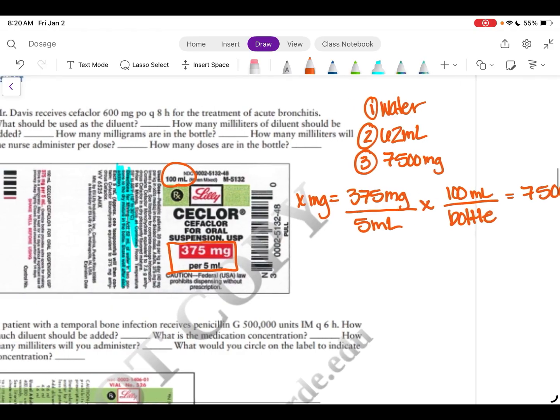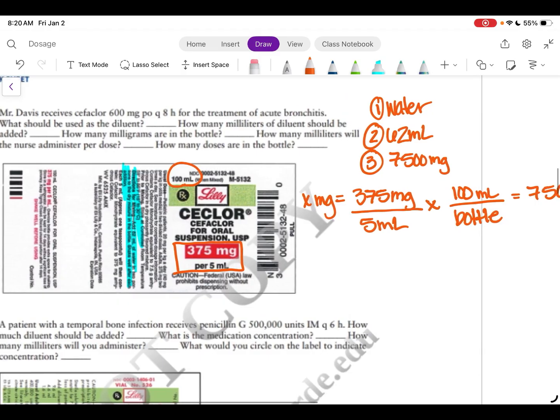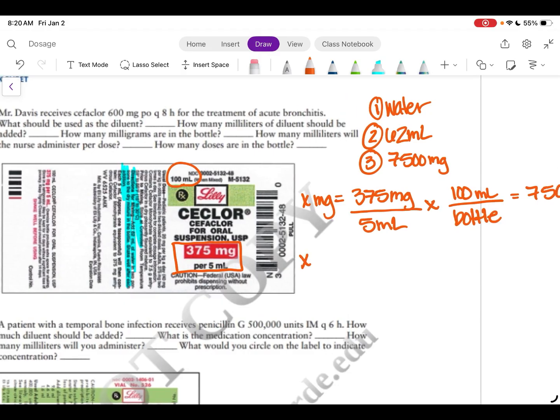Okay. How many milliliters will we administer per dose? Right. So using my dosage strength, I just flip it upside down. My order up here, 600.